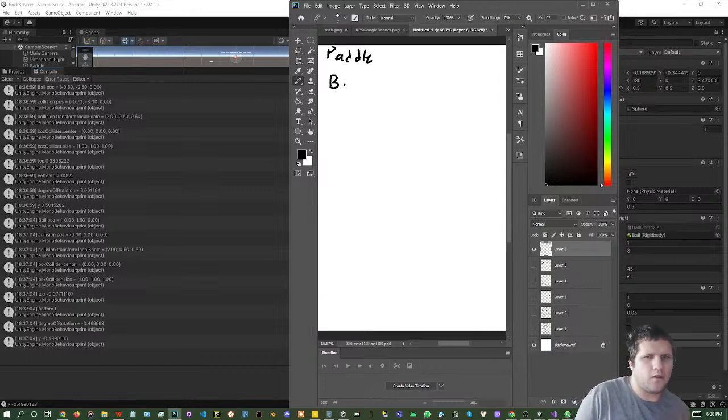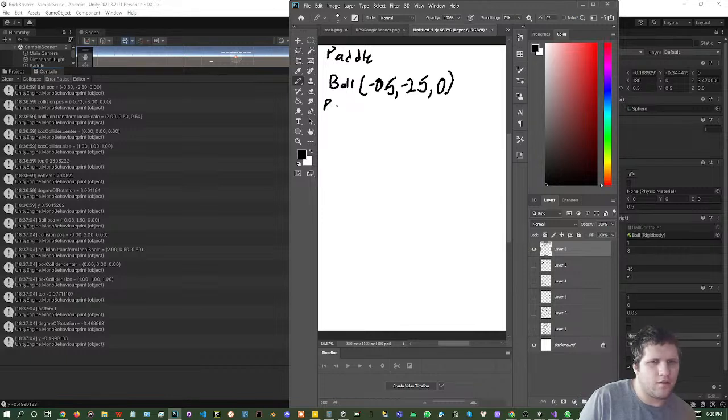So paddle, we have the ball at -0.5, -2.50.